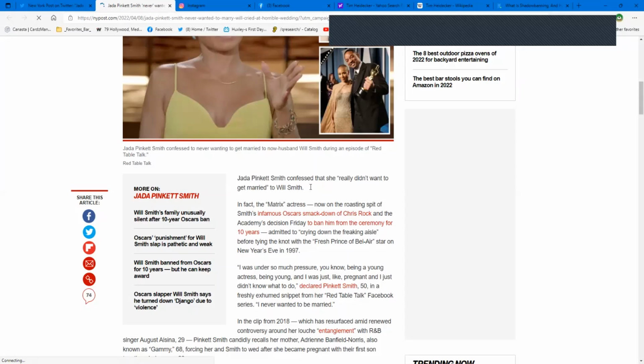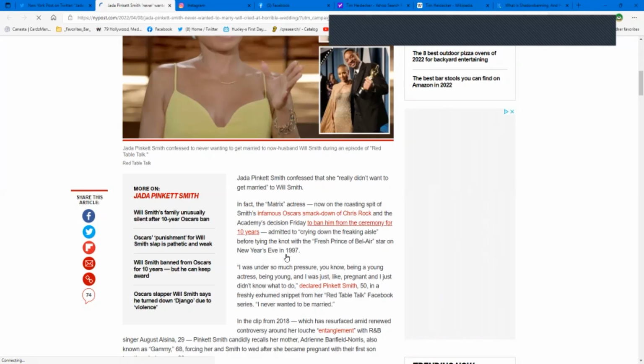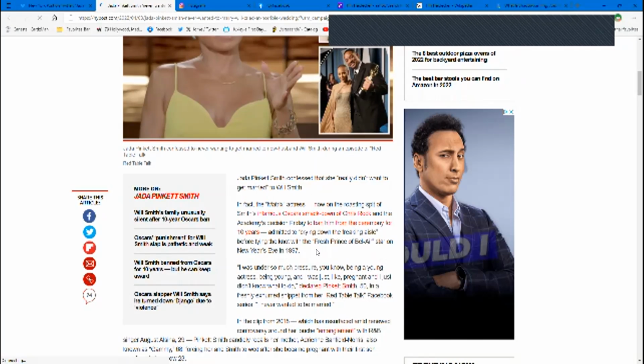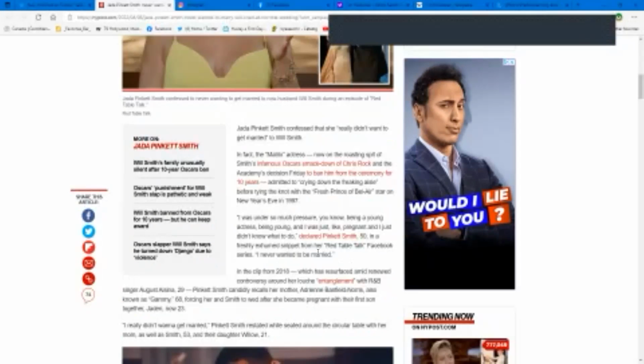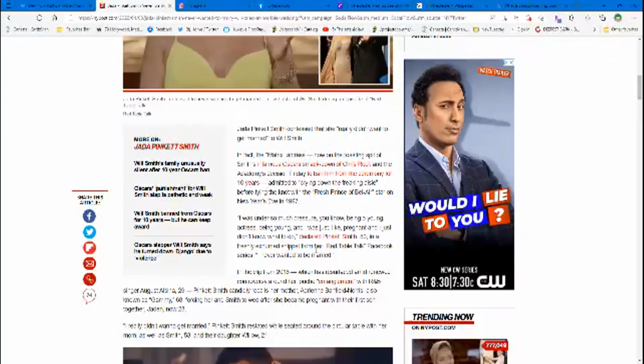Jada Pinkett Smith confessed that she didn't really want to get married to Will Smith. In fact, the Matrix actress, now in the wake of Smith's infamous Oscar smackdown of Chris Rock, and the Academy's decision Friday to ban him from the ceremony for 10 years, admitted to crying down the freaking aisle before tying the knot with the Fresh Prince of Bel-Air. I was under so much pressure, being a young actress, being young, and I was just pregnant and I just didn't know what to do, declared Pinkett Smith, 50.